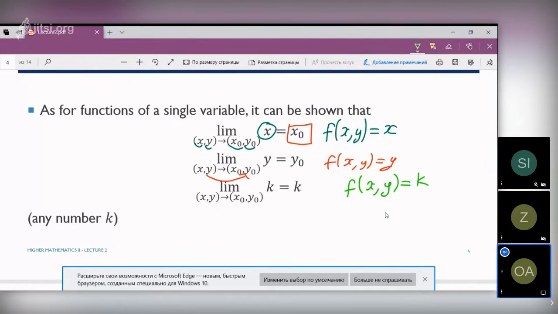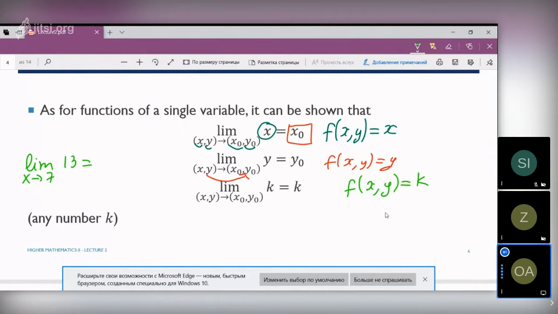When we started to learn functions of a single variable and tried to find their limit when the function is a constant number, we had similar examples. We tried to solve that. For example, the limit as x tends to 7, but the function is 13. What is the answer for this one?